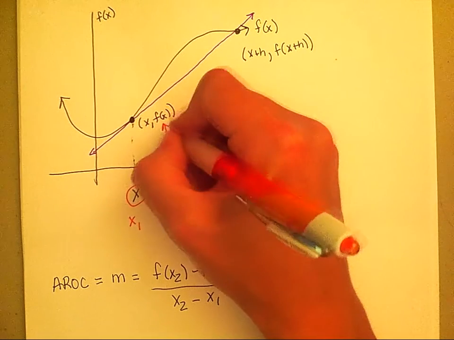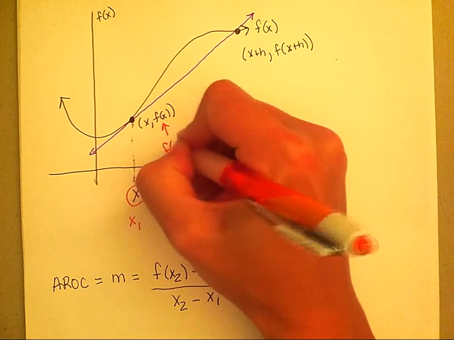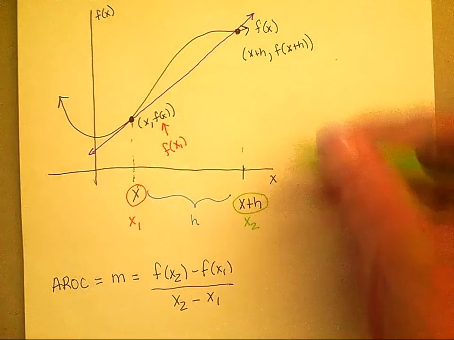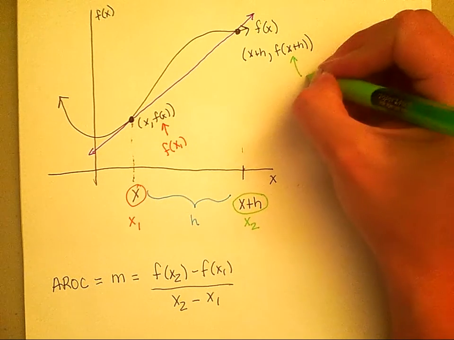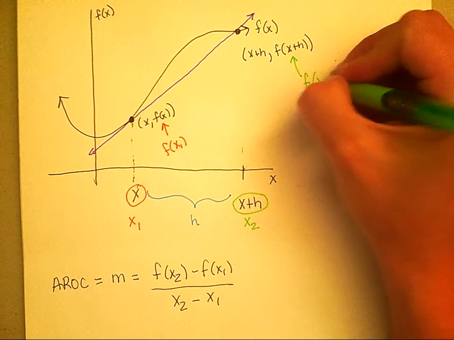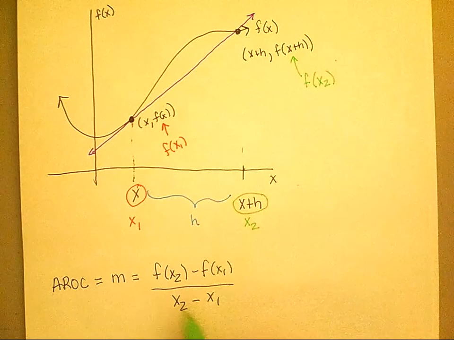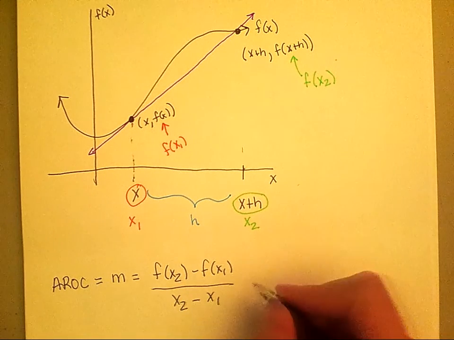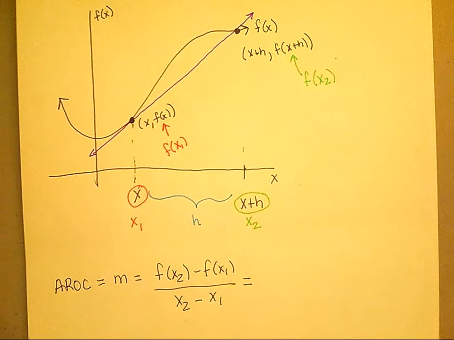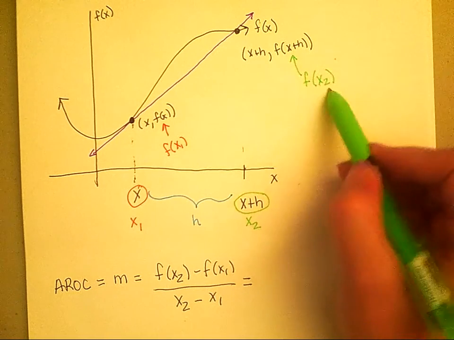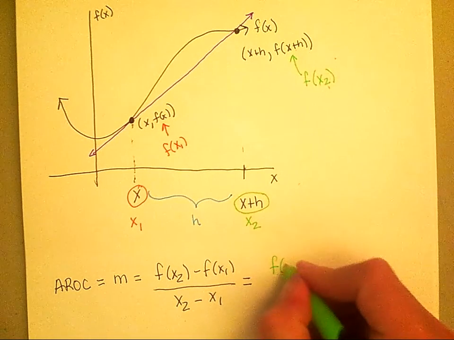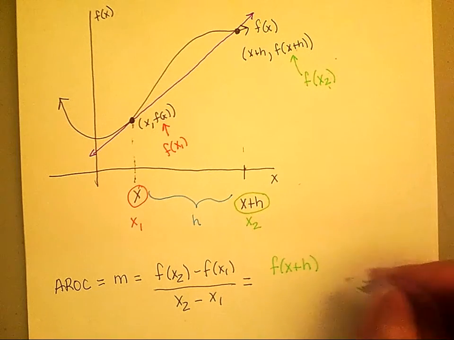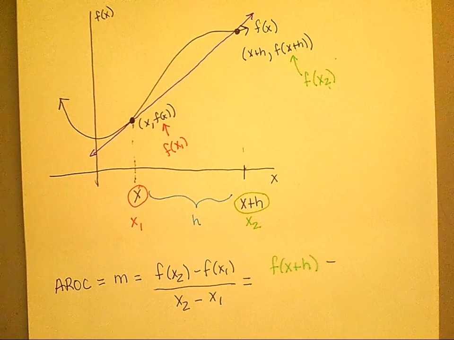We will let this be x2 because it's further down the x-axis, and we can let this one equal our x1. So that will make this equal to our function evaluated at x1, and this one will become the function evaluated at x2. That's what we're going to substitute in here.